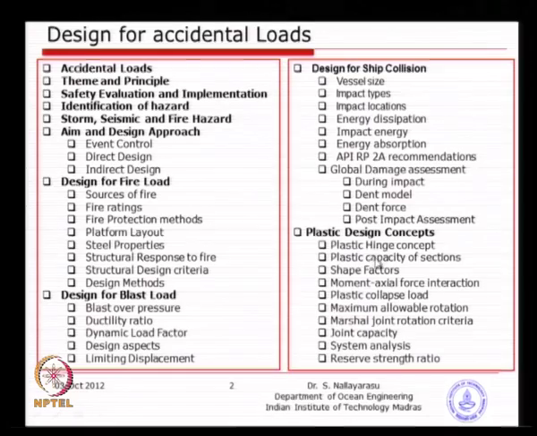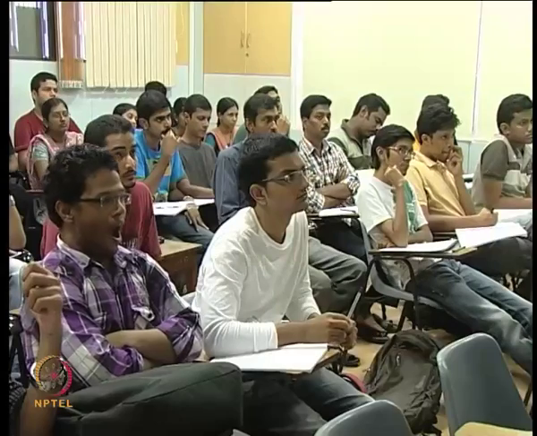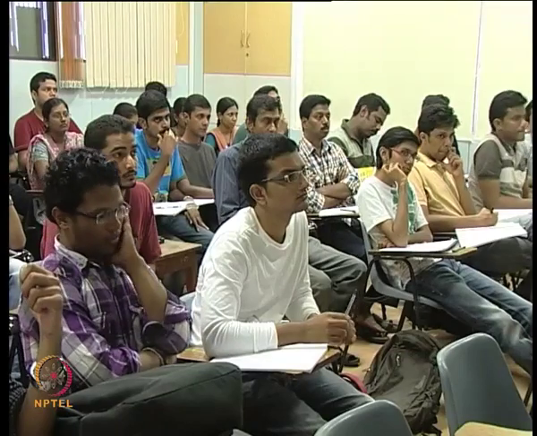So we are going to see that aspect of ship collision, what exactly happens and what you are supposed to do as a designer to protect the structure, which is to be decided by the owner, and for sure you need to protect human life when there is a platform installed and a facility where people are living. So, basically that is the idea behind.